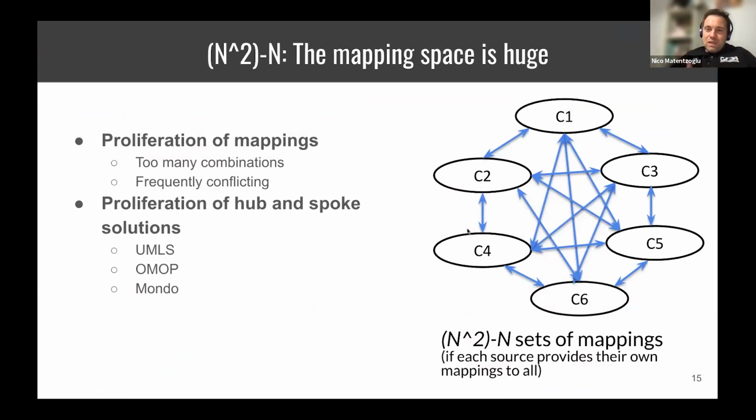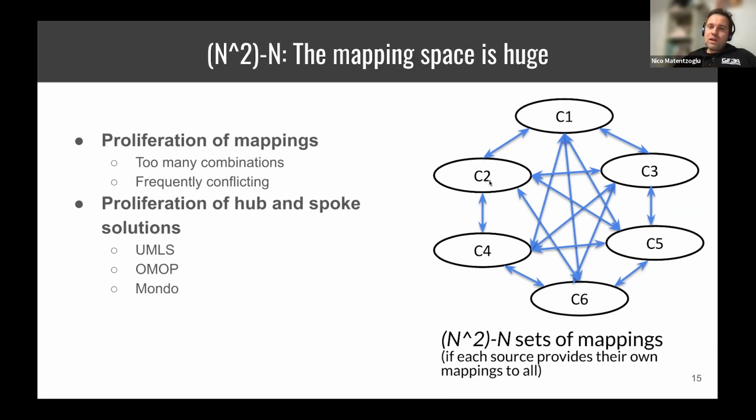And what this means is that the mapping space can get really, really large. If you look at the right side here, in the worst case, you have to map, let's say, just 6 semantic spaces to each other, and you can easily imagine many more.